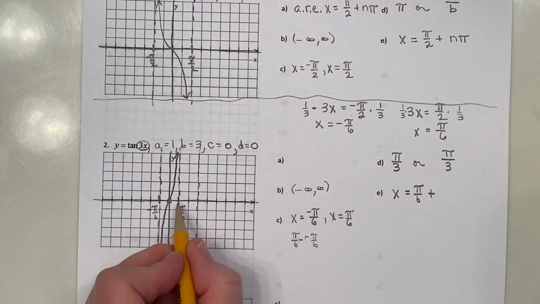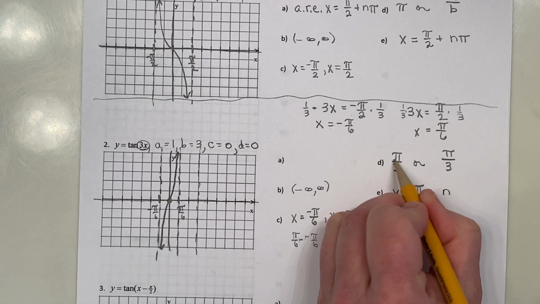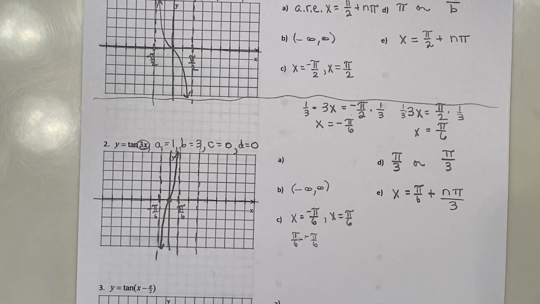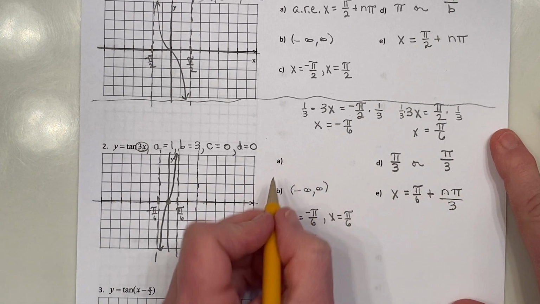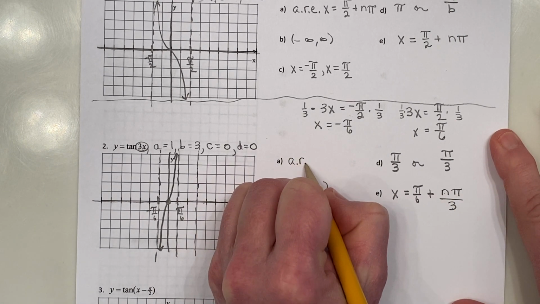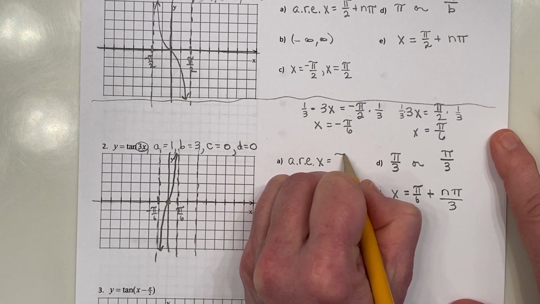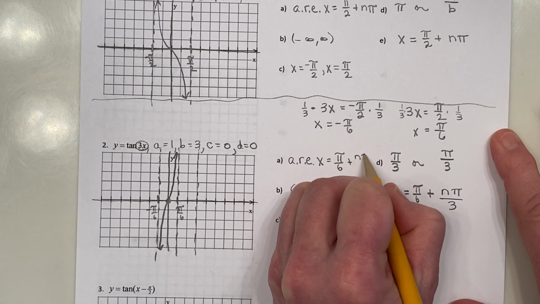So we're going to take the first positive vertical asymptote and add n times the period, n times pi over 3. This just tells us between consecutive asymptotes, we have a pi over 3 difference. And last, I would do part A: all reals except x equals the equation for the vertical asymptotes.